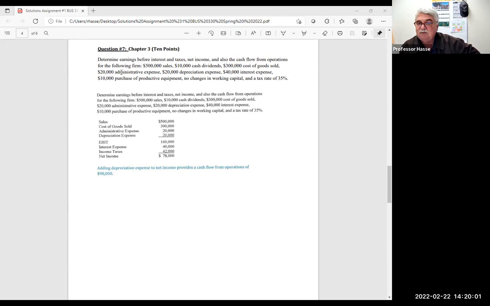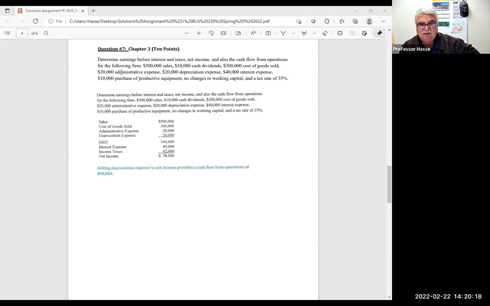That's the purchase of an asset. It's not an expense. That's cash flow from investing. Has nothing to do with this problem. No changes in working capital and a tax rate of 35%.